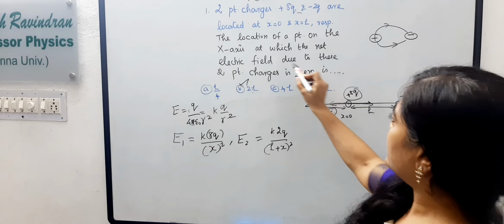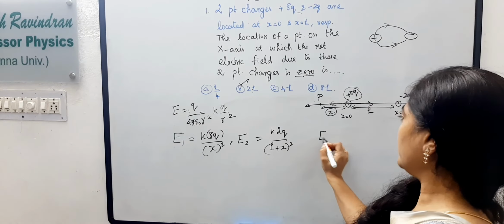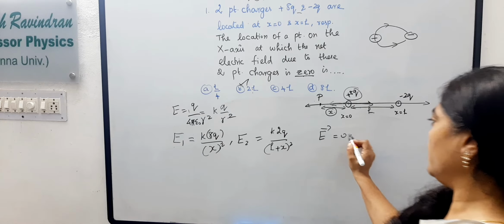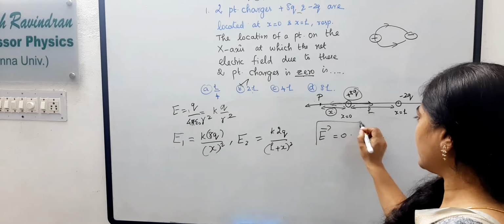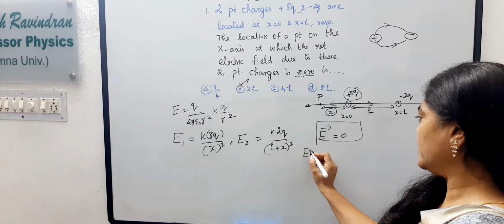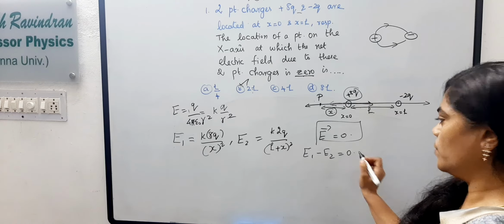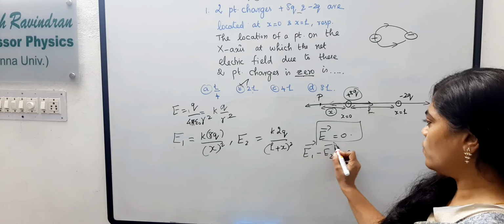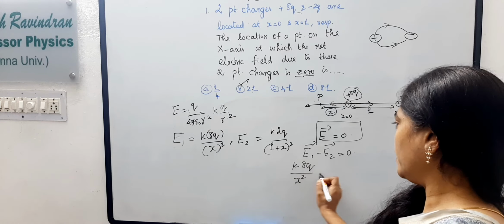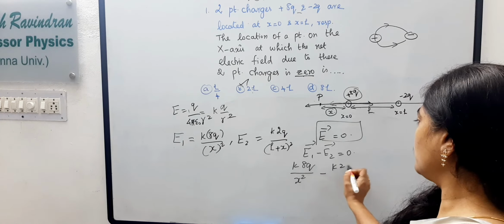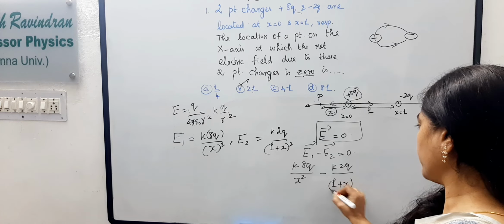Here it is given the net electric field is 0. What is the net electric field? E is equal to 0, it is given. We can write the net electric field as E1 minus E2, that is equal to 0. What is E1 now? K into 8q by x square minus K into 2q by L plus x the whole square.